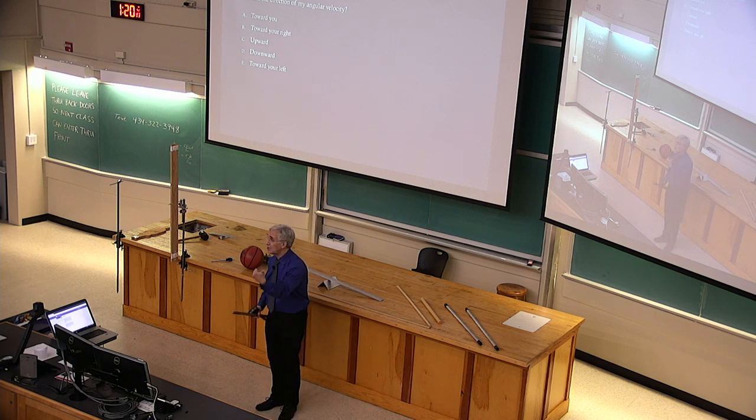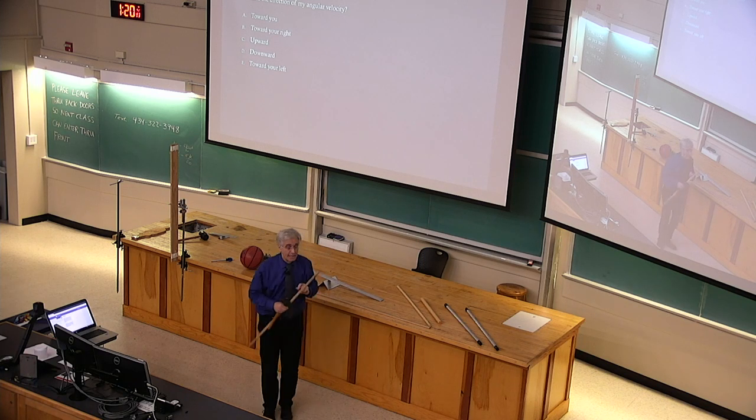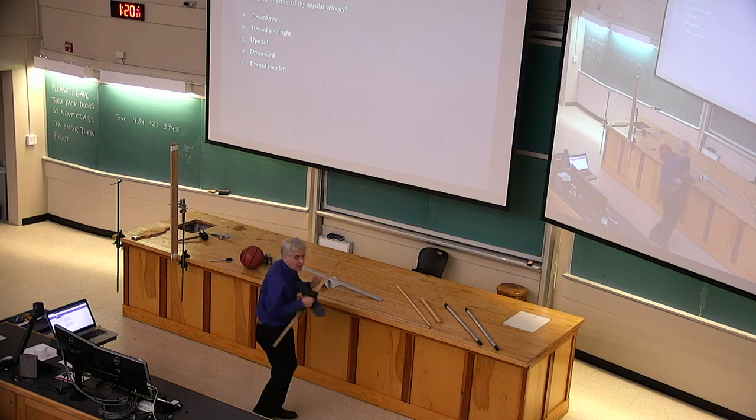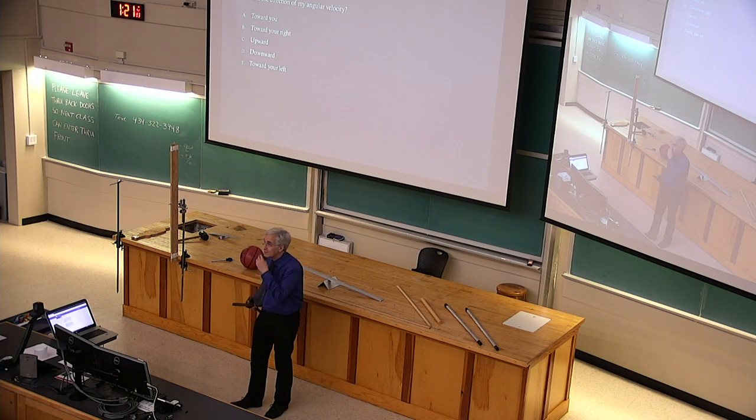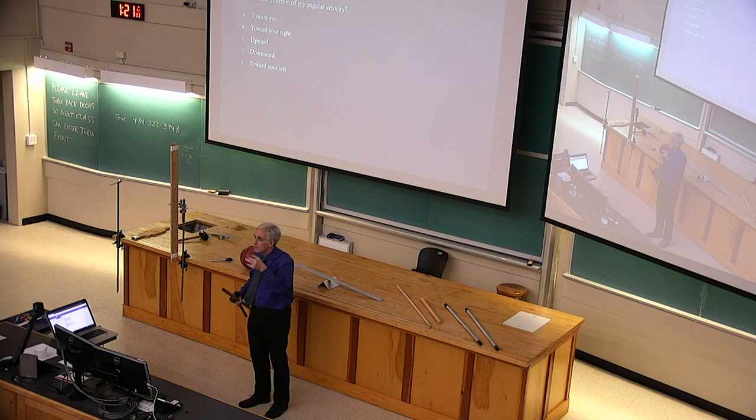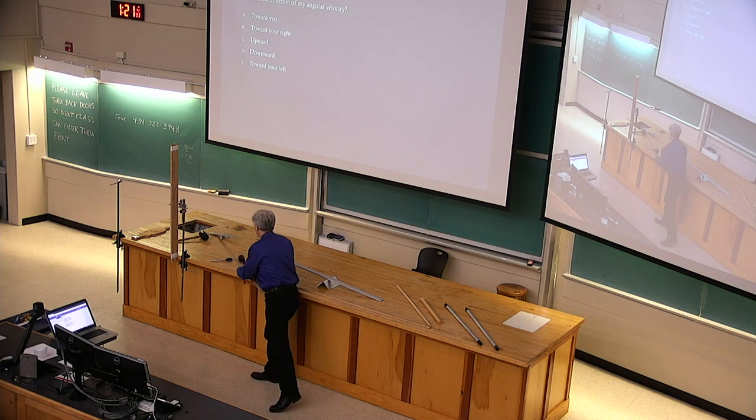So there's angular position, angular velocity, which is the rate at which angular position is changing with time, and angular acceleration, which is the rate at which angular velocity is changing with time. And angular acceleration is caused by torques, the fancy name for twists.